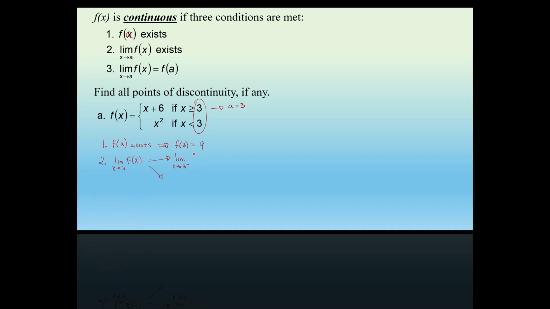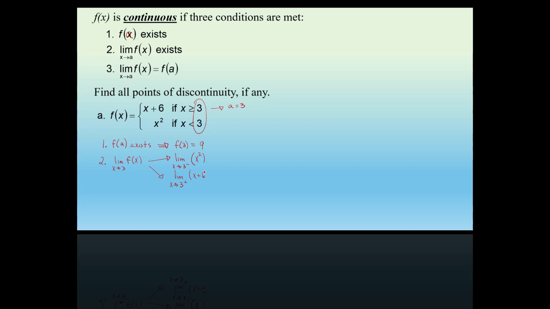So that's x squared. And then the limit as x is approaching 3 from the right, and again f of x, well, we'll look at our piecewise function, and approaching 3 from the right is numbers greater than 3, so that is the top piece, x plus 6.